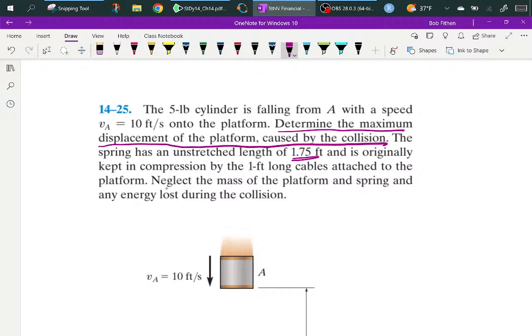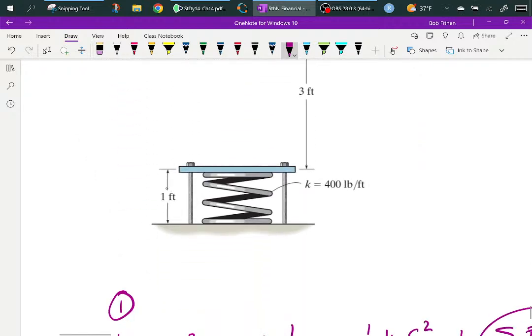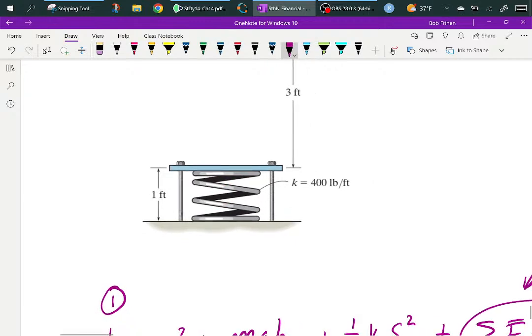Okay. So he does say neglect the mass of the platform and spring and the energy loss during collision. So these have no mass. So if you did have a 1/2 mv squared, they would be 0 because of the mass.